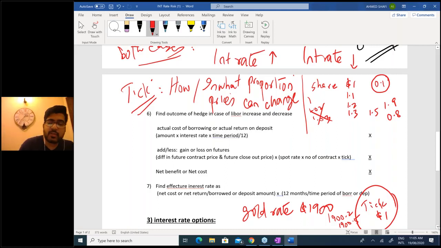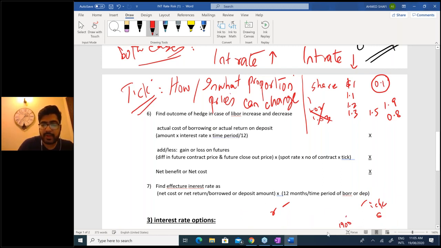So that is tick. Again, in questions it would be given, but if it's not given, the marking scheme states you need to find the tick also.